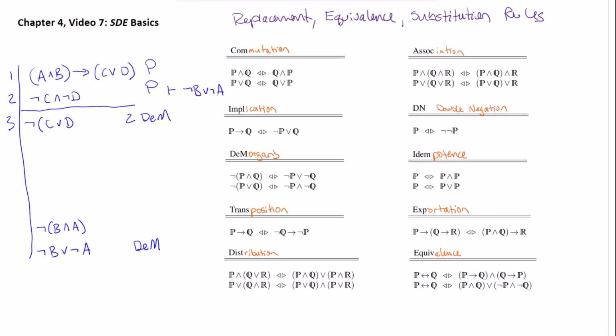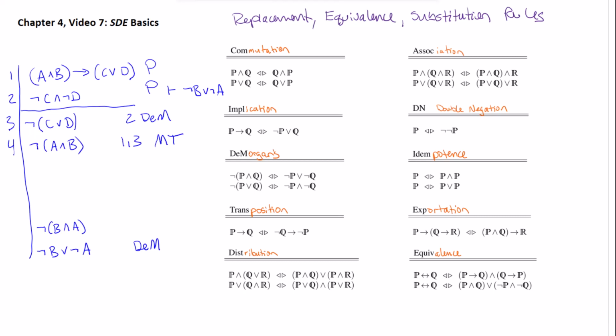And remember, that's useful because now 3 is the negation of the consequent of 1, which allows us to derive the negation of the antecedent of 1 with 1, 3 modus tollens.